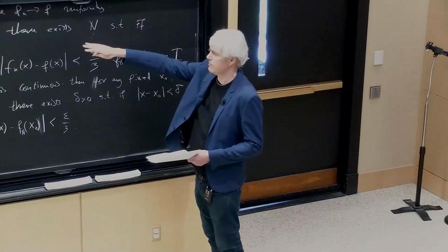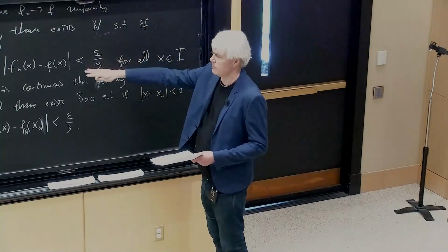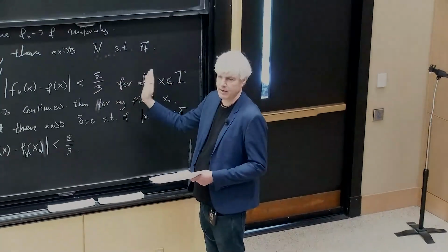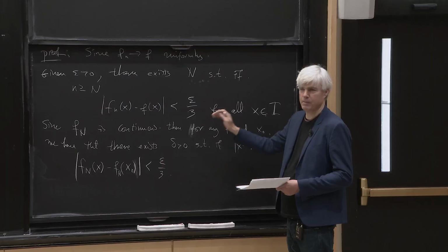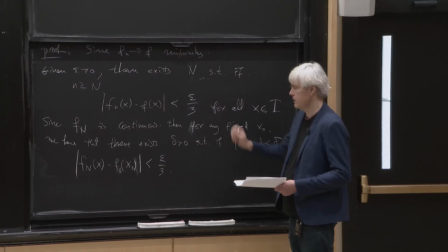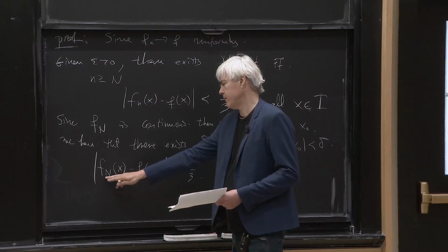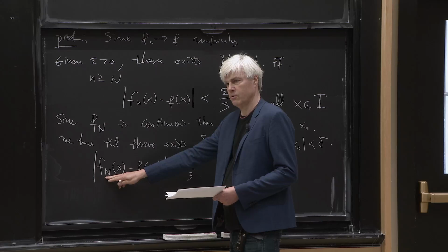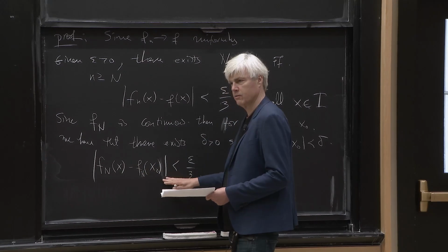So given this epsilon, there exists this capital N so that if you're further out, then you have this. I'm not even going to use the part that is further out. I'm just going to pick this capital N. And then I'm using that this f_N is continuous at x0, so I have this.